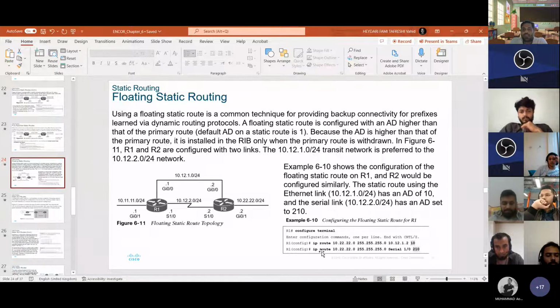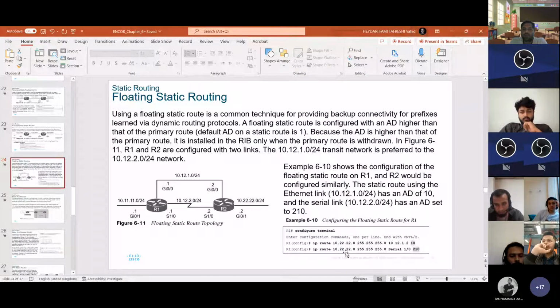Then you add another command and you say IP route for this network with this subnet, so it's the same network, through serial 1/0, which is this way. But you give it a less attractive administrative distance, which is going to be a higher value than 10, any value. It can be 300, it can be 400, it can be 12, whatever.